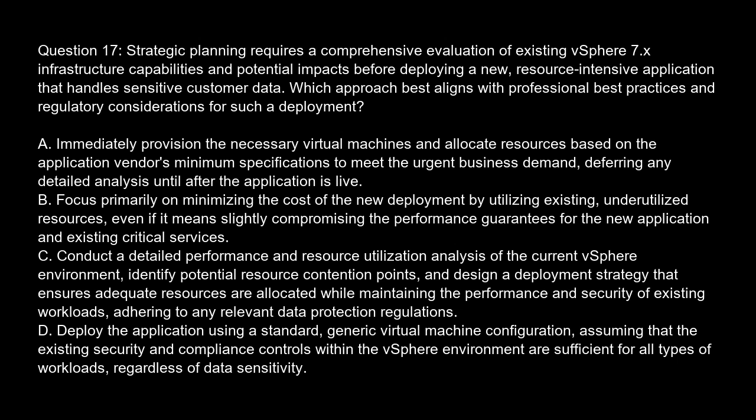Option D. Deploy the application using a standard, generic virtual machine configuration, assuming that the existing security and compliance controls within the vSphere environment are sufficient for all types of workloads, regardless of data sensitivity.